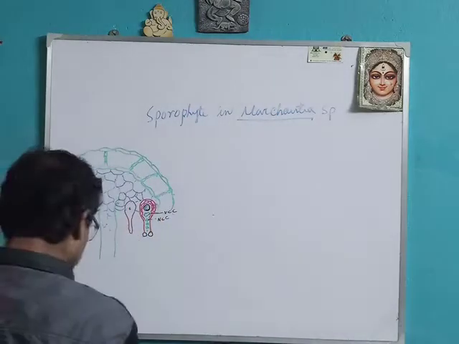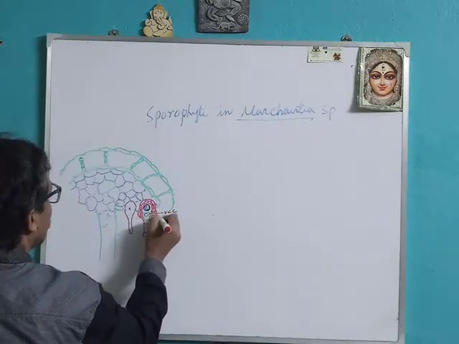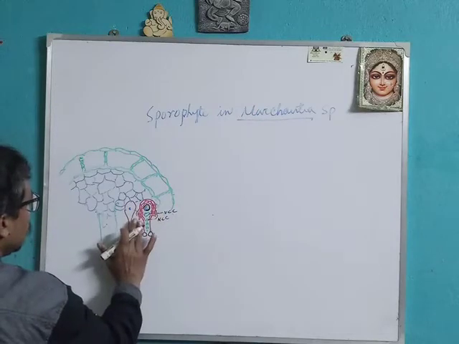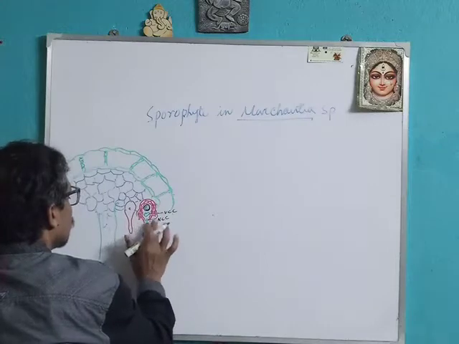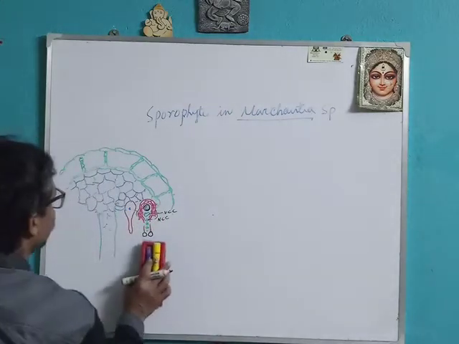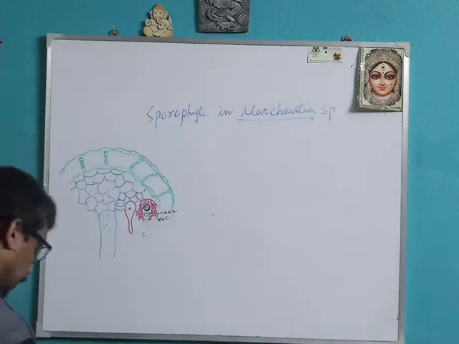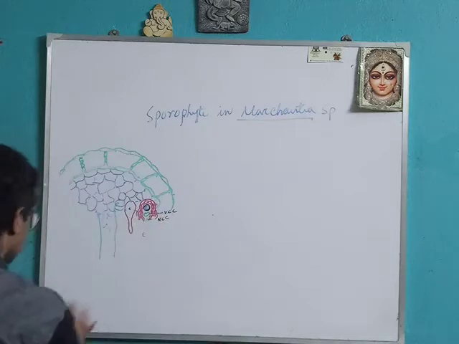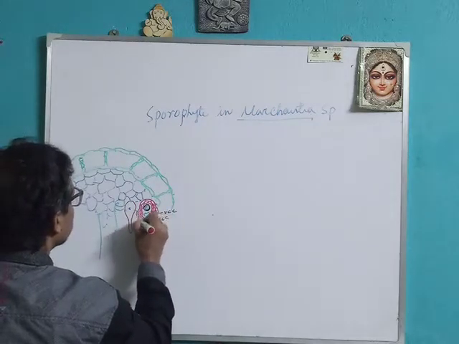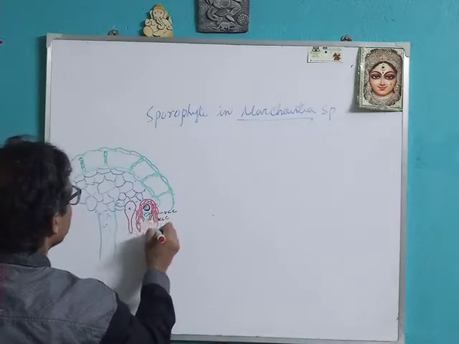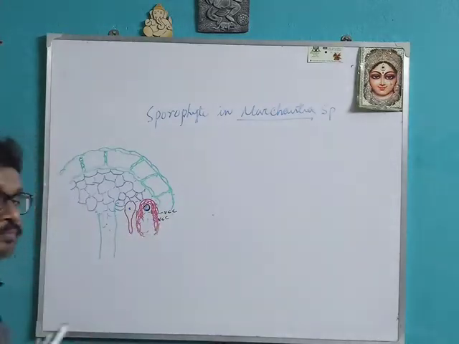Now, what happens? This cell starts to divide and redivide. The archegonium itself loses its typical structure, so this typical structure will perish or diminish. And this particular portion starts to divide and redivide this way.